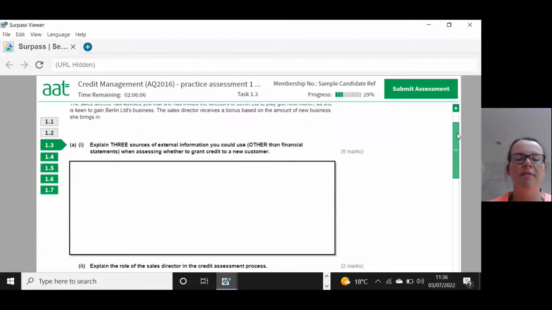Now, you have access to the suggested answers. But what I wanted to do here is say, what would be realistic in terms of the exam? So you can see that it's 6 marks. It's 3 sources of external information. So obviously you're looking at 2 marks for each one that you mention.